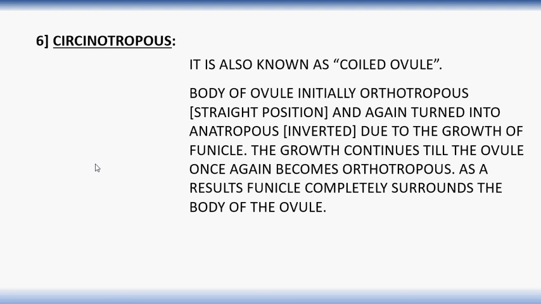Cercinotropous. It is also known as coiled ovule. Body of ovule is initially orthotropous, that means straight in position. Micropyle, chalaza, funicle are straight in position and again turn into the anatropous, that means turns 180-degree angle due to the growth of funicle.